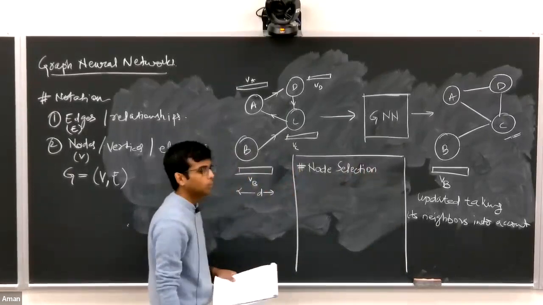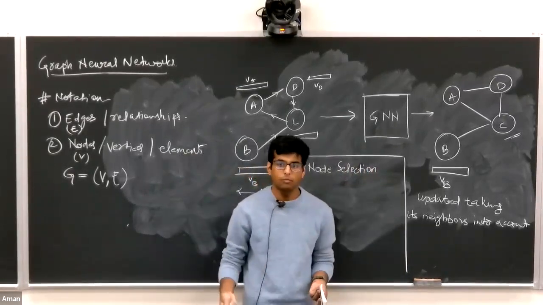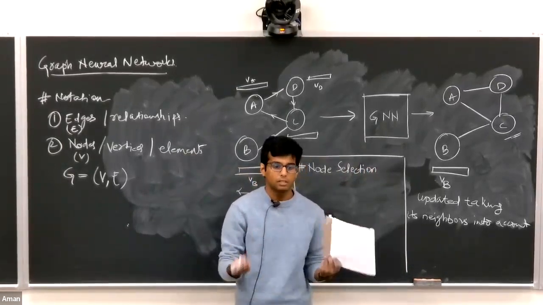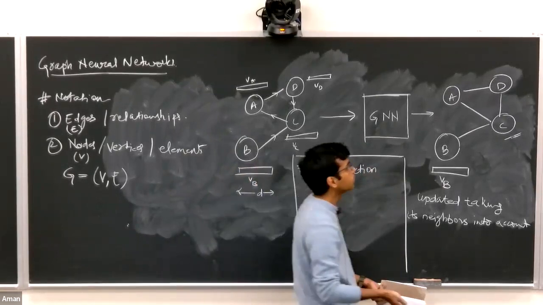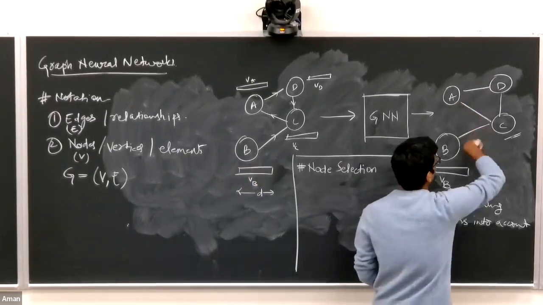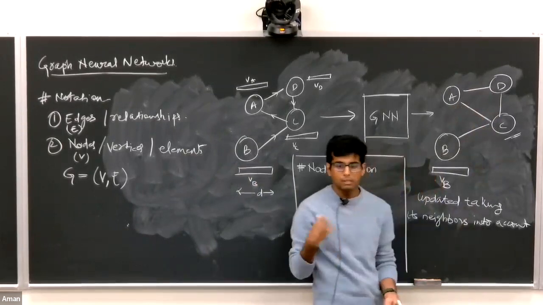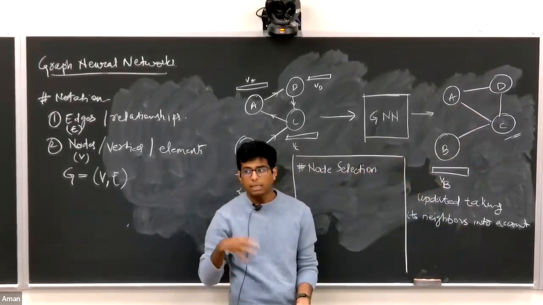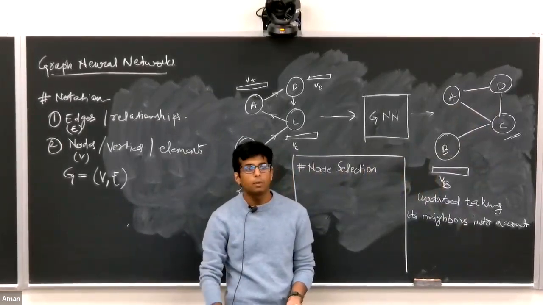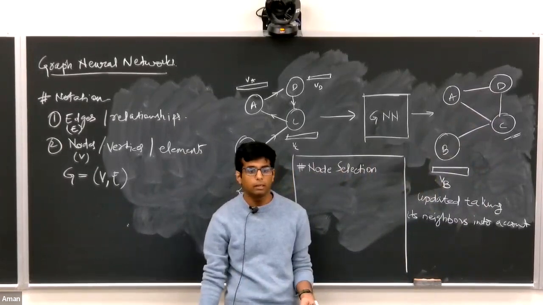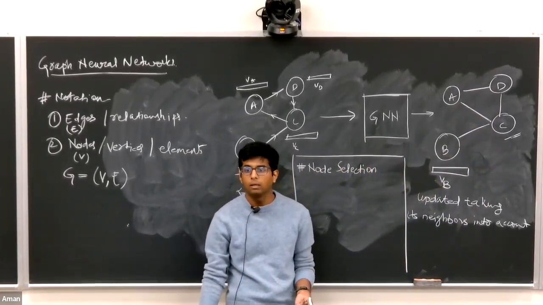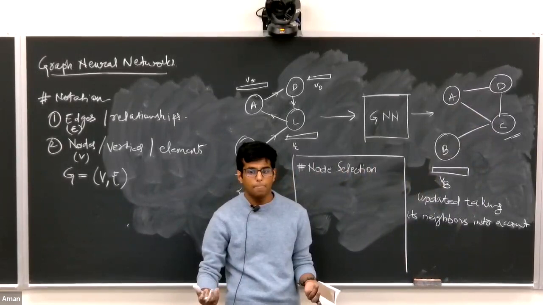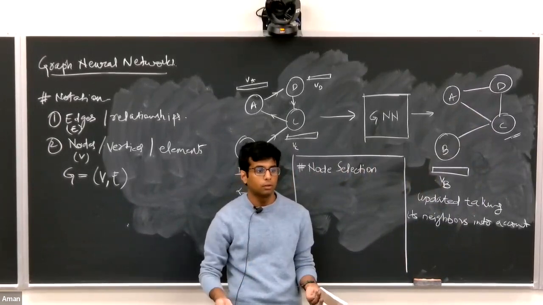Which means that once you update these graphs based on the representations of the neighbors, you can then select one node out of this based on a task that you define. For example, you have a LinkedIn graph and you want to select the most influential person out of the graph, right?